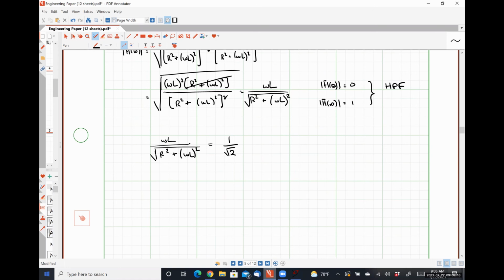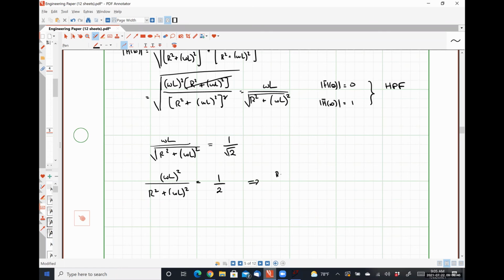Let's see, how are we going to make this work? I know what the answer is supposed to be. I want to get there mathematically. So we could have omega L quantity squared over R squared plus omega L quantity squared is equal to 1/2.